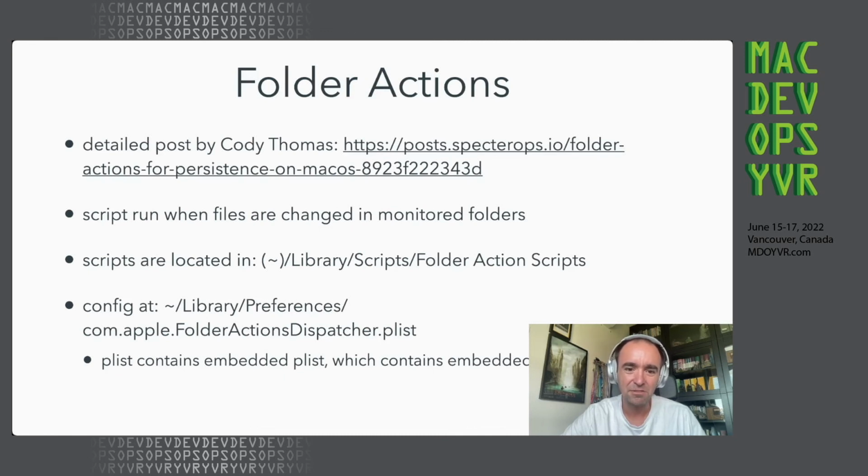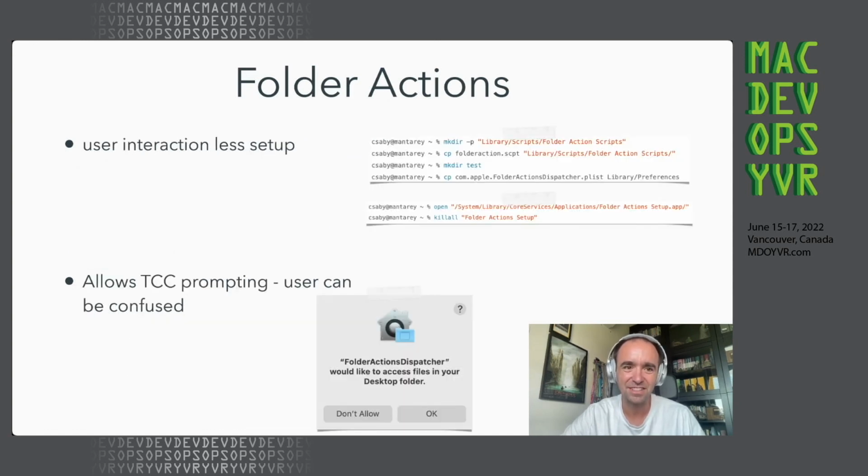Now, the configuration is not really nice because it's a plist containing an embedded plist which contains another embedded plist with a really weird structure, which I didn't reverse. So if you want to do your own, basically what I would do is create a config file on your own Mac and deploy it on your target. That's the easiest.